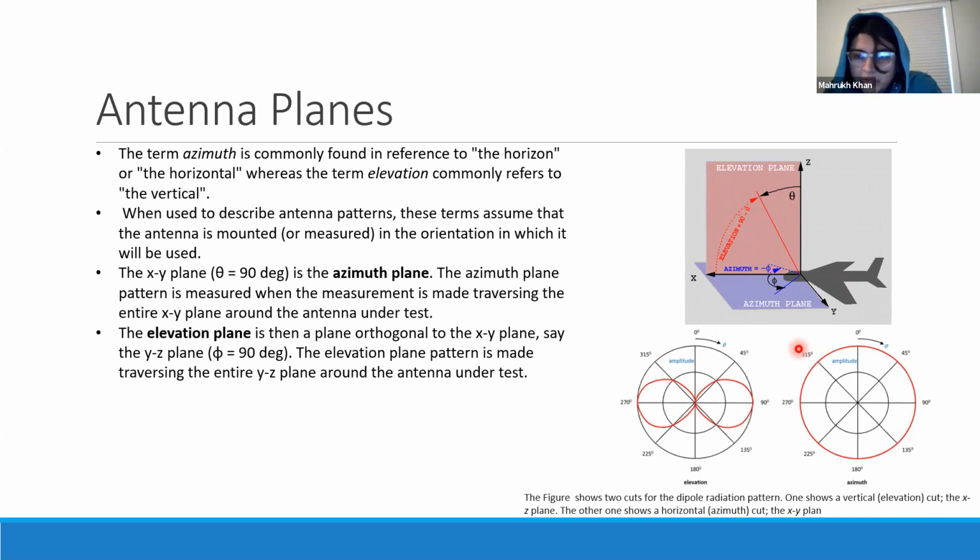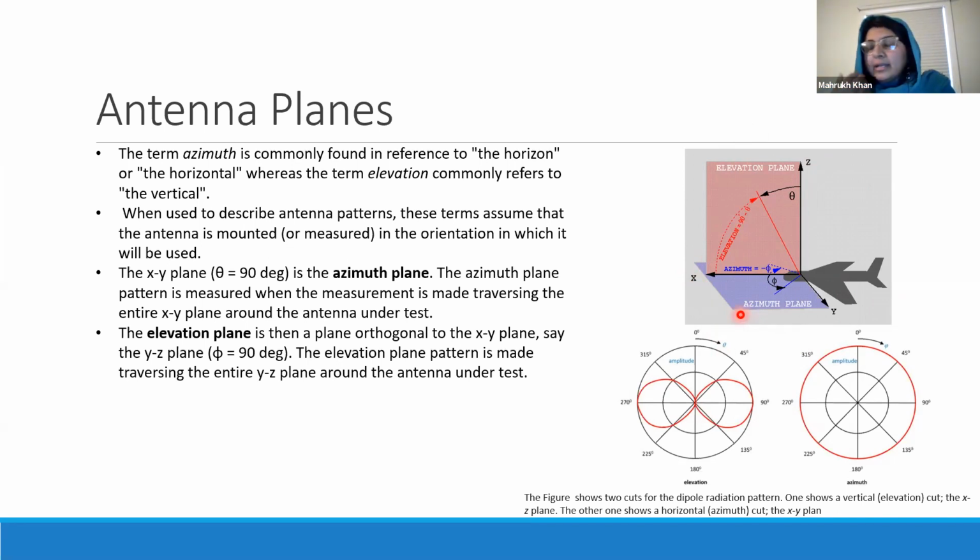If you think about it, for this one, it's I think the XZ plane. But if you have Y here, then it will be the YZ plane. Okay, but it's just the vertical plane.